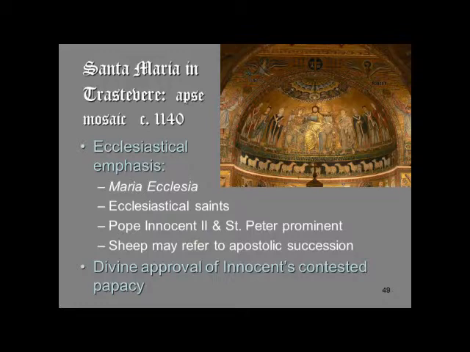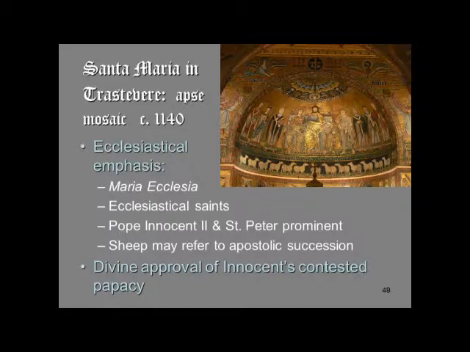However, he had to crown him in San Giovanni in Laterano, St. John Lateran, because the Church of St. Peter in the Vatican was held by Innocent's rival, the other pope.